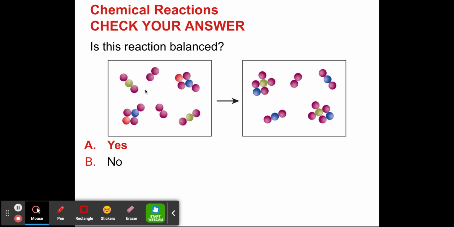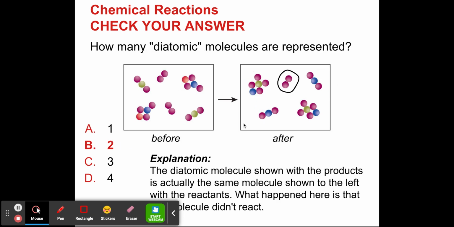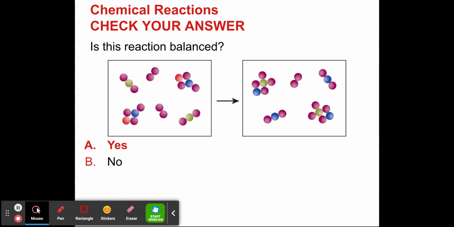If you count 1, 2, 3, up to 20 on the left, and then on the right 1, 2, 3, up to 20, so if I go by the number, I will say it's balanced.